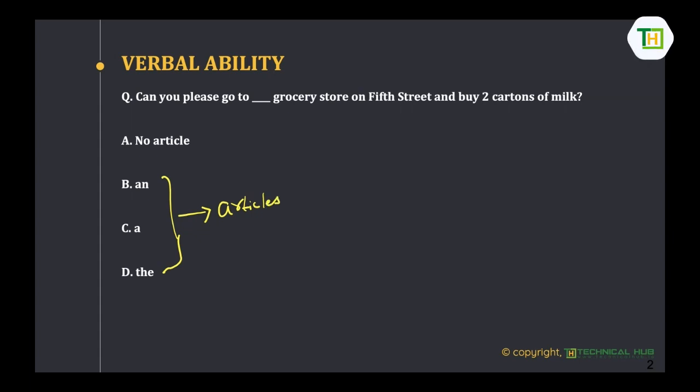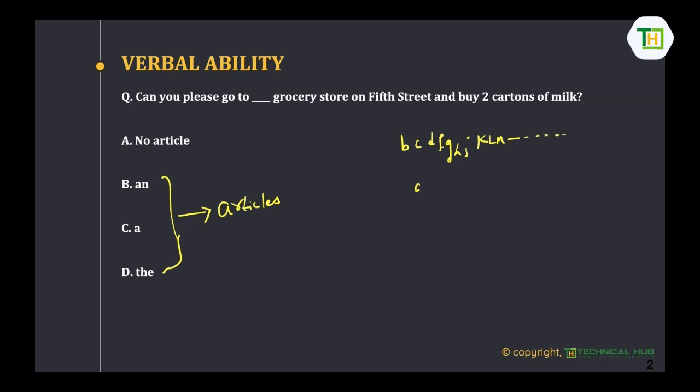So, I repeat, article A is used for consonant sounding words. What are these consonant sounding words? Like B, C, D, F, G, H, J, K, L, M, all those letters which are not vowels.